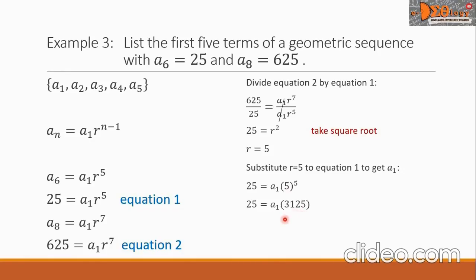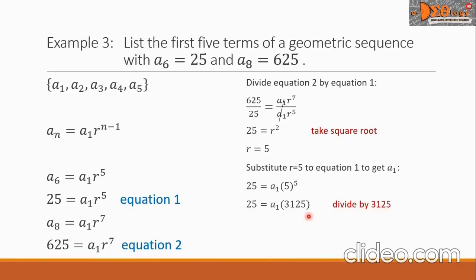Now let us solve for a sub 1. Let us divide this equation by the coefficient of a sub 1, that is 3,125. So this 25, if we divide by 3,125, it will form a fraction.